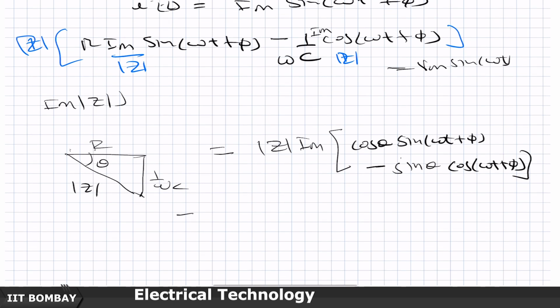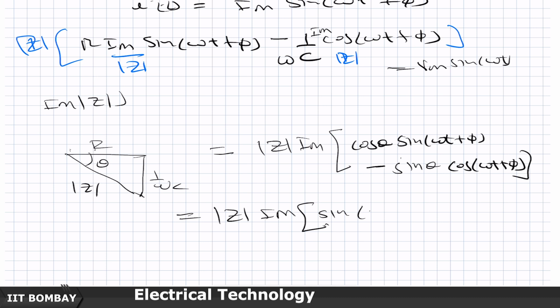And so this is going to be equal to mod of Z times Im, sin a cos b minus cos a sin b. So sin of a minus b.